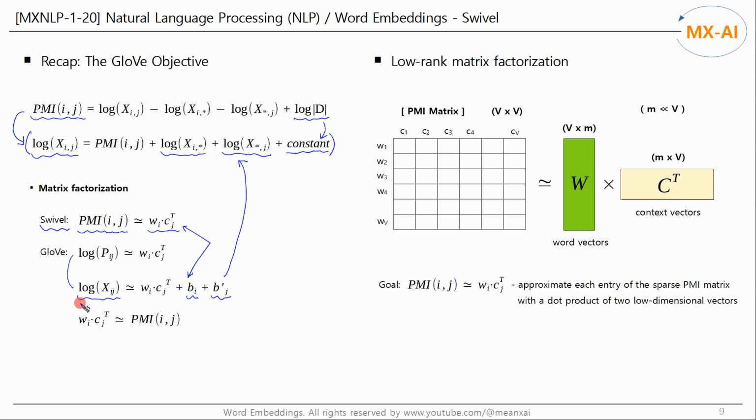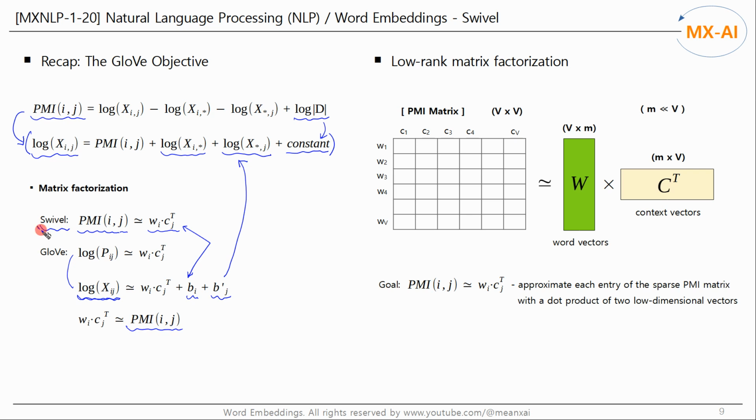As a result, although GloVe is formulated in terms of log xij, the learned embeddings end up capturing something that is very close to PMI. It tells us that GloVe is not simply learning co-occurrence counts. Instead, it is implicitly learning the PMI structure hidden behind those counts.